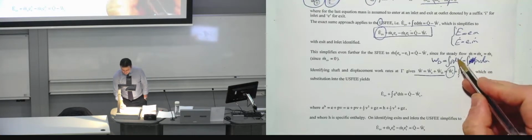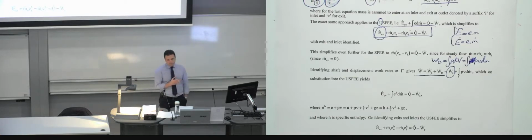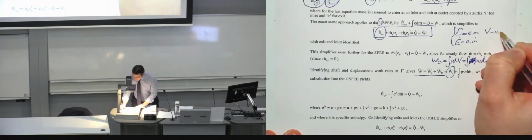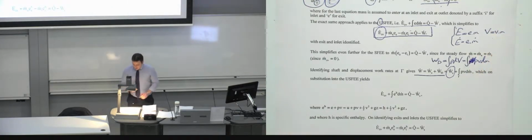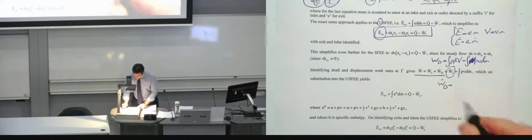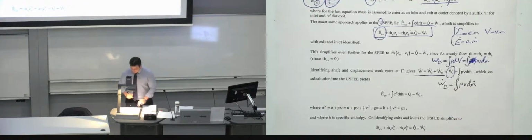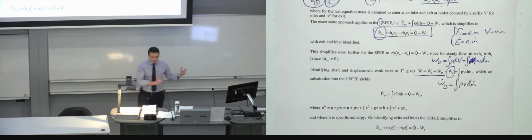And what I've done, I've converted capital V into small v by multiplying it by m. Again, knowing that I could write small v times m. I could also, if I want to write W dot D on that basis, write this as P v dm dot. Right? So I've divided both sides by dt.